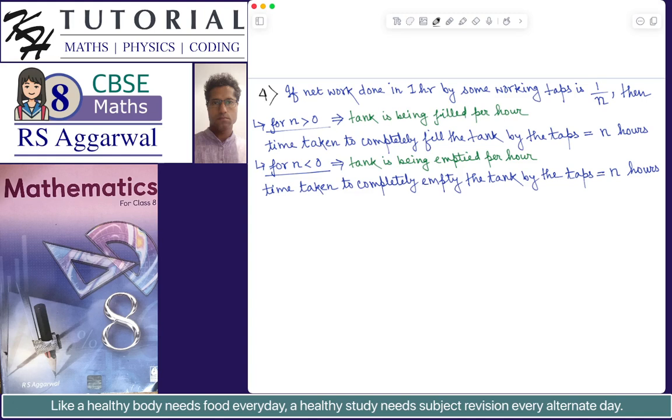Definitely, you have to solve all the problems from your textbook, whatever textbook you are following, and also any other reference books. And if you are following my videos, all the problems that I will solve from the textbook of author RS Aggarwal and the problems that I will give as part of the homework assignment will be sufficient to have a good understanding of the basic, fundamental concepts of this chapter.